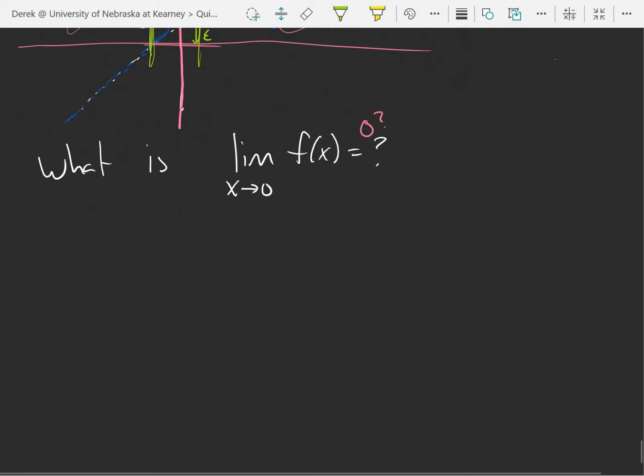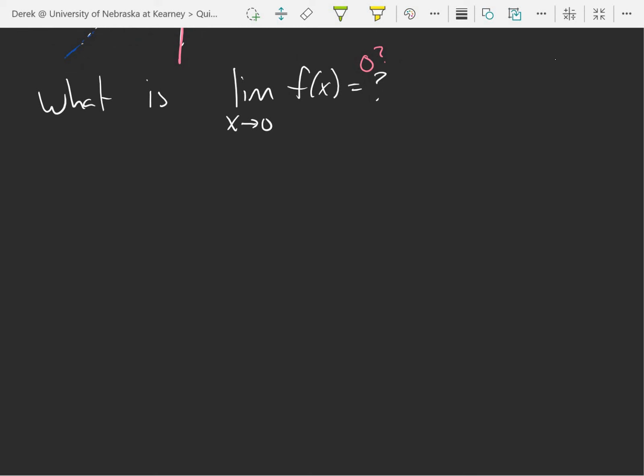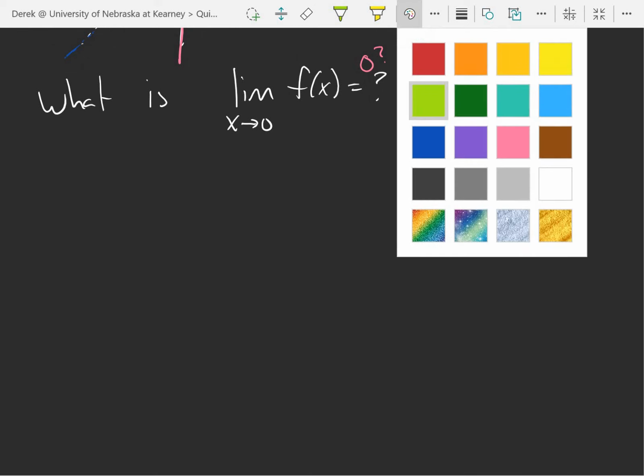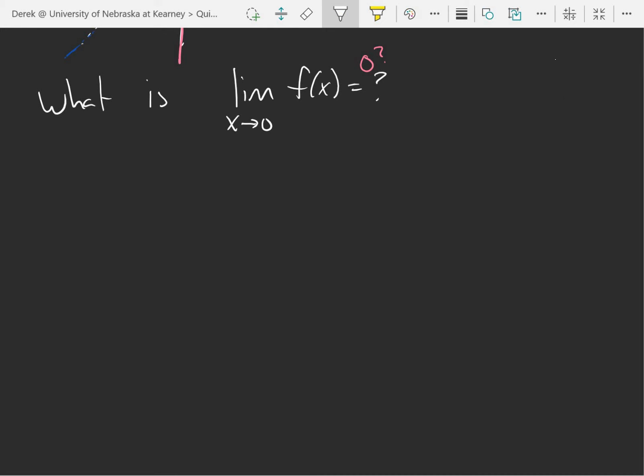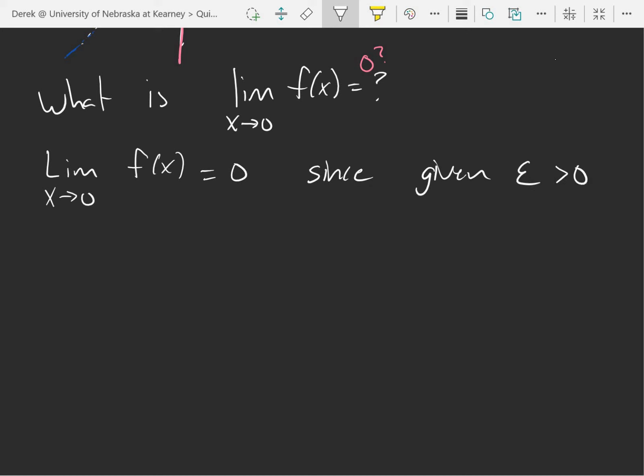So let's prove that this limit is equal to 0. So the limit of f of x as x goes to 0 equals 0, since given epsilon greater than 0, let delta equal epsilon.